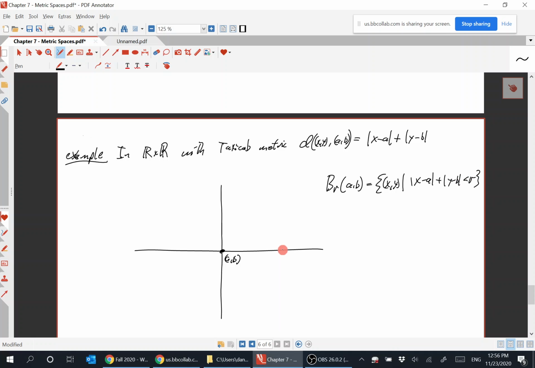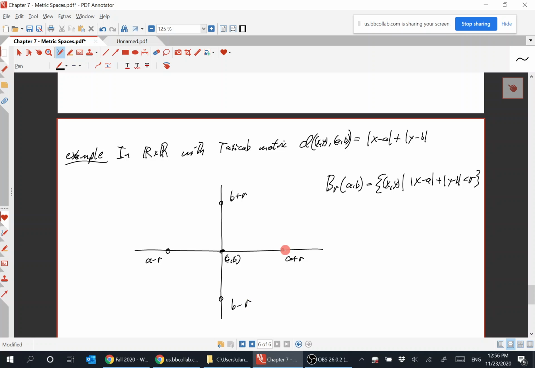So here we have a plus r. Oops. See if I can do this. A plus r, b plus r, b minus r, a minus r. So this is a plus r, a minus r, b plus r, b minus r.